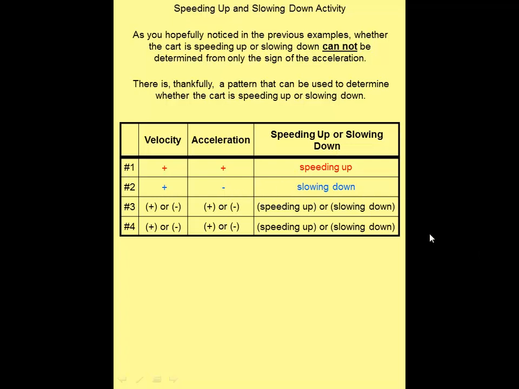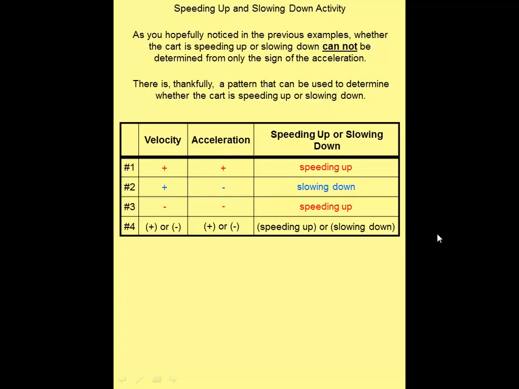It was number 3 when I started to get some people asking questions. Because in number 3, you were moving towards the motion detector, and so in a negative direction. You had a negative acceleration, and you were speeding up. So here's a case where you had a negative acceleration, slowing down. Then in number 3, you had a negative acceleration, you were speeding up.